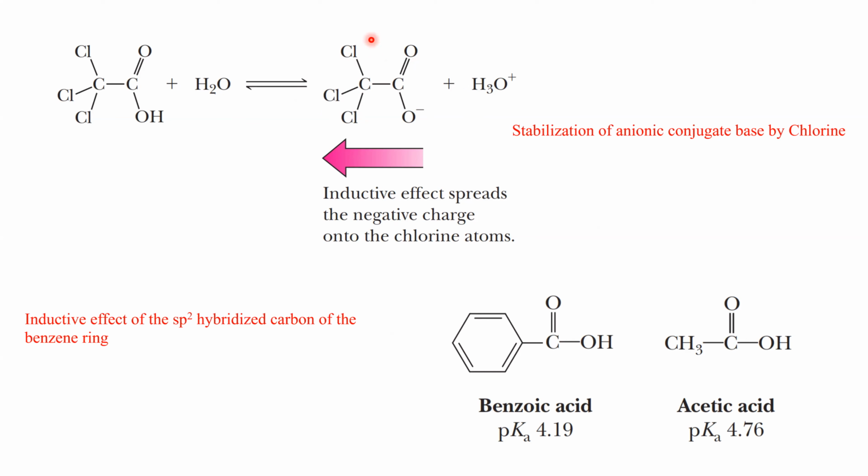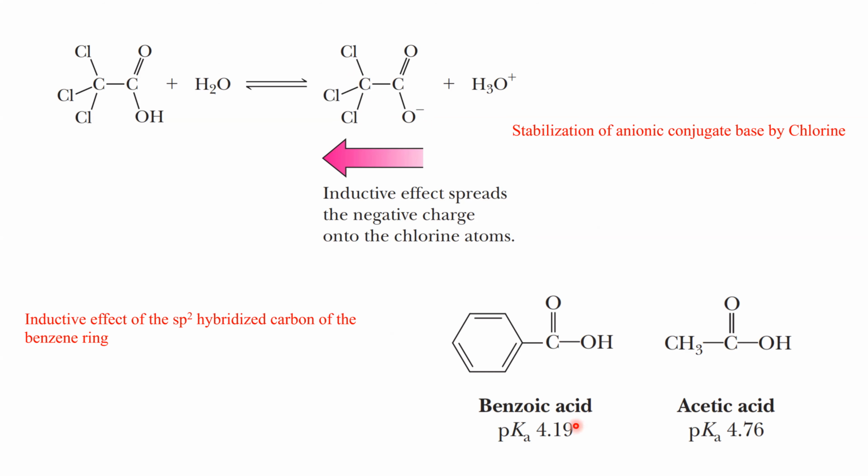This negative charge is spread onto the chlorine atoms, making this carbon highly partial positive compared to the previous one. So now this negative charge can be neutralized by the impact of these chlorines. That's why trichloroacetic acid is stronger compared to chloroacetic acid.